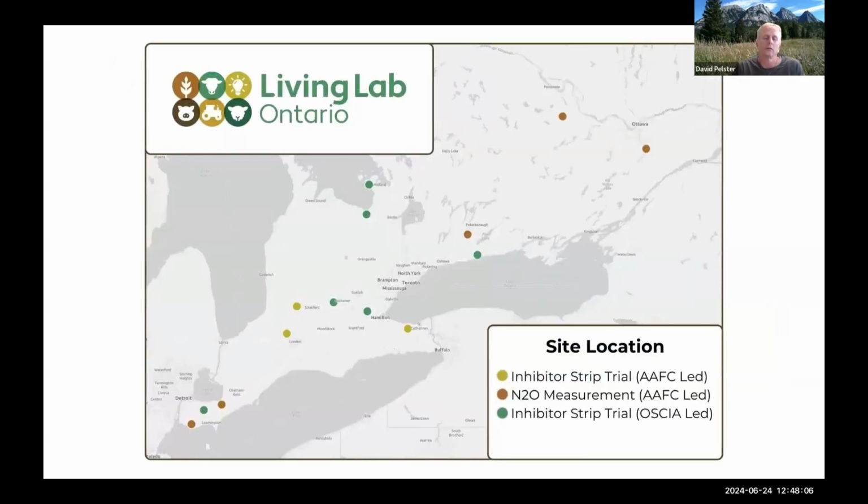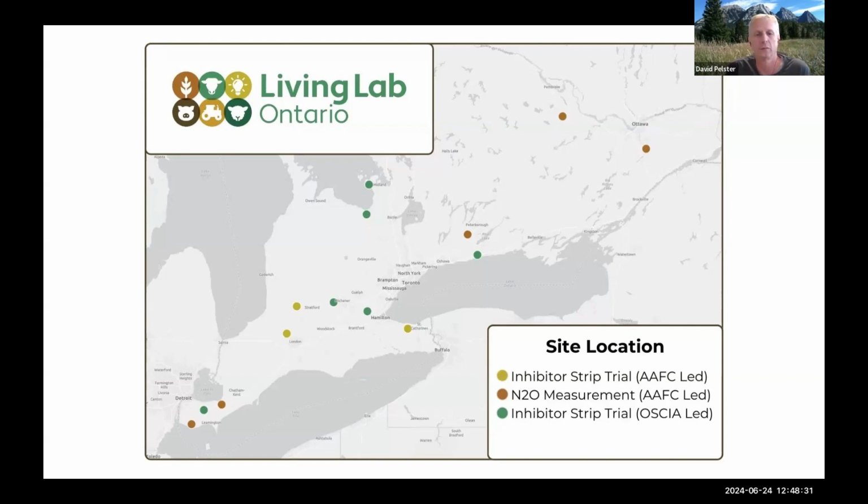Yeah. So these are all what we've done on the experimental farms. This year we have a number of different sites on producer farms where we have inhibitor trials. It looks like 5. I've got 3 trials where we're doing N2O measurements. Craig has 2 down in Southern Ontario.